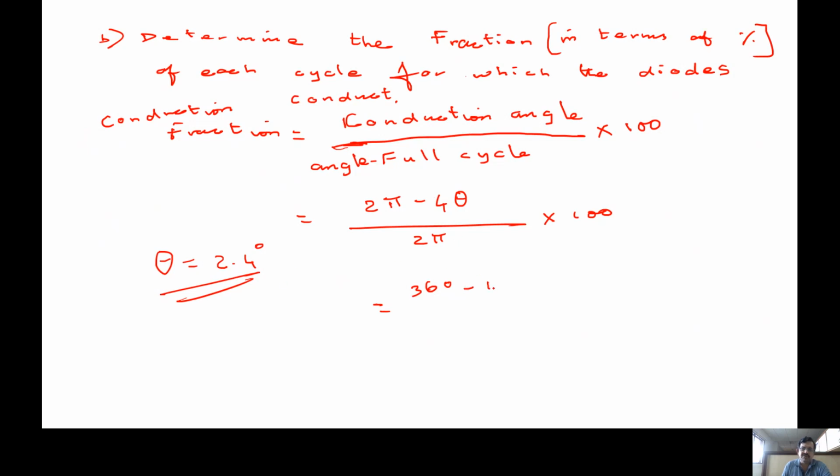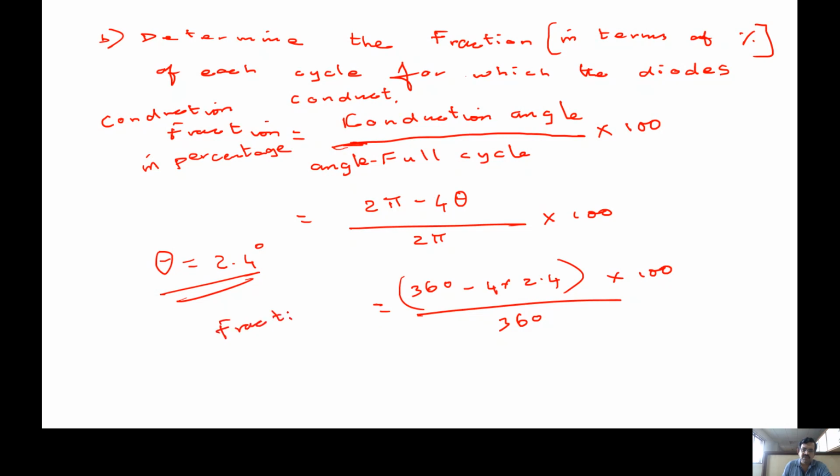So 4 into 2.4 divided by 360, into 100 to get the conduction fraction in percentage.